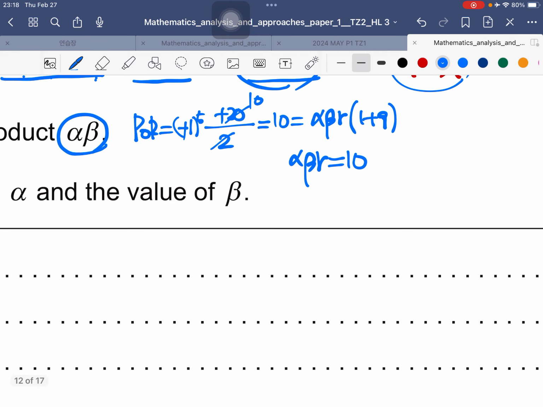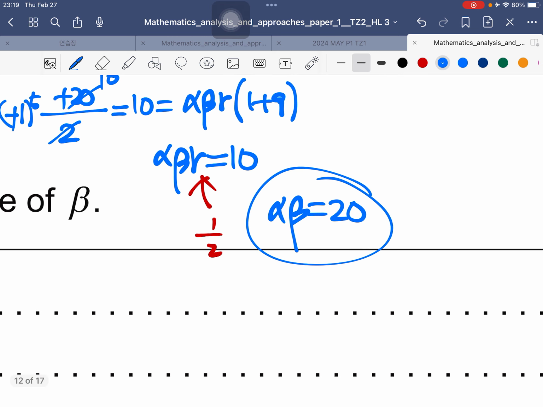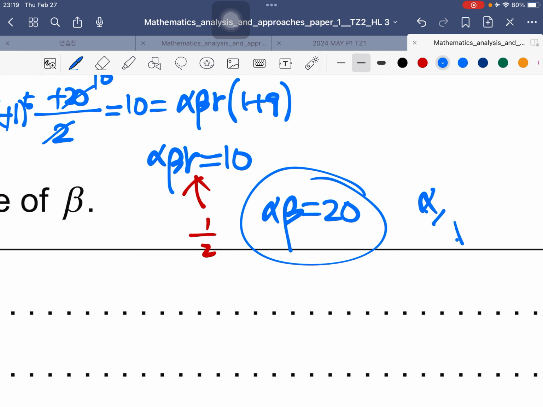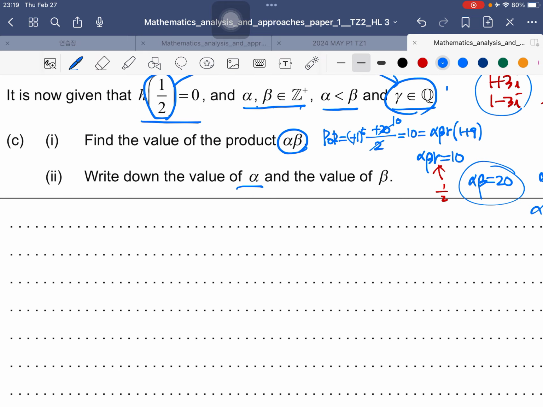So gamma is 1/2. So alpha times beta must be 20, where alpha and beta are positive integers and beta is greater than alpha.